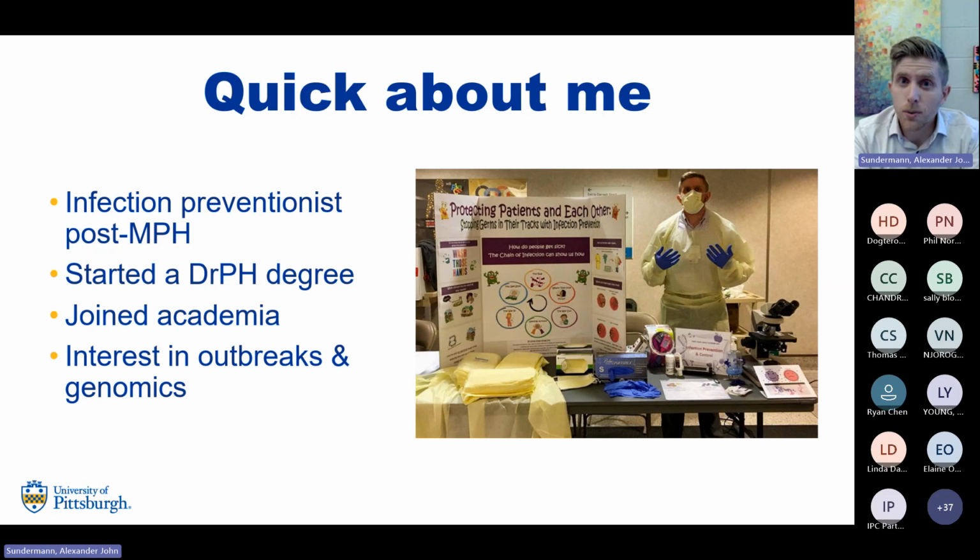But I keep the best of both worlds because in my research on outbreaks, I get to interface directly. Out my window here is the hospital where I worked and where we do our research. So I get to work with the IP team every single week to try to investigate some of these outbreaks. I'm loving being able to still work in IP while still doing research here.